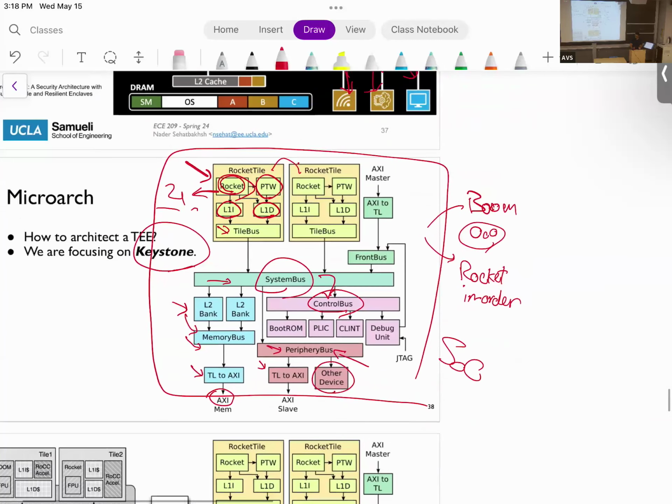Okay? Question so far? When you say system bus, is that actually a bus or is it other types of interconnects? Which one? The middle system bus. Oh, what do you mean other interconnect? Like crossbar or other networks.